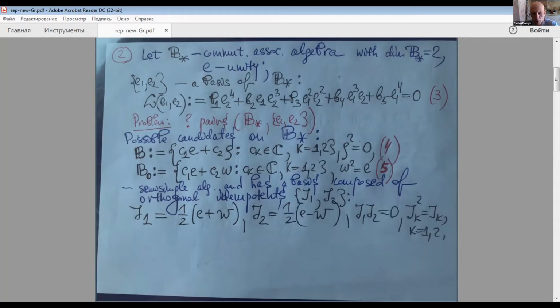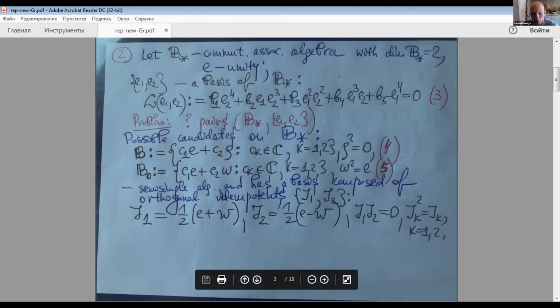This is the algebra B, generated by the unity and a nilpotent element, and the semi-simple algebra B0, generated by the unity E and an idempotent W. It's evident that algebra B0 has a basis composed of orthogonal idempotents E1, E2, and there are such relations between this basis and the basis E and W. And this basis is very convenient.